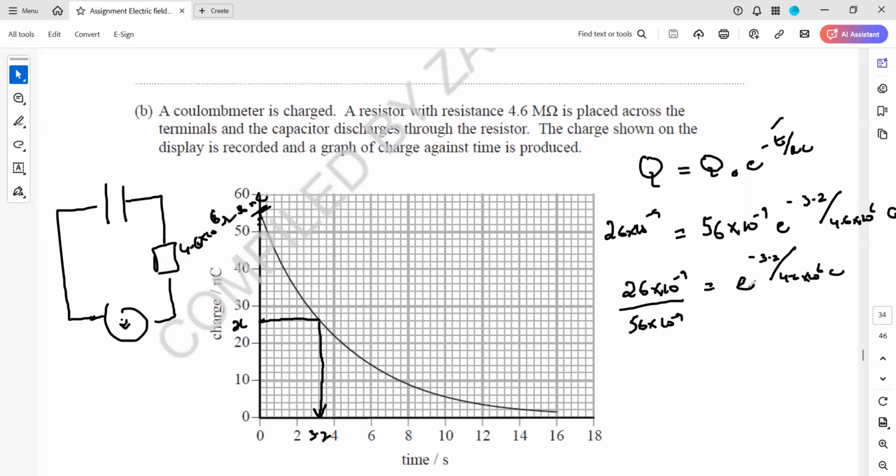Now to cancel this e, we take ln of both sides. So we take ln of 26 times 10 to the power minus 9 divided by 56 times 10 to the power minus 9. Ln and e cancel each other out, as they are inverse functions. So we are only left with minus 3.2 divided by 4.6 times 10 to the power 6 times C. So C is our subject.